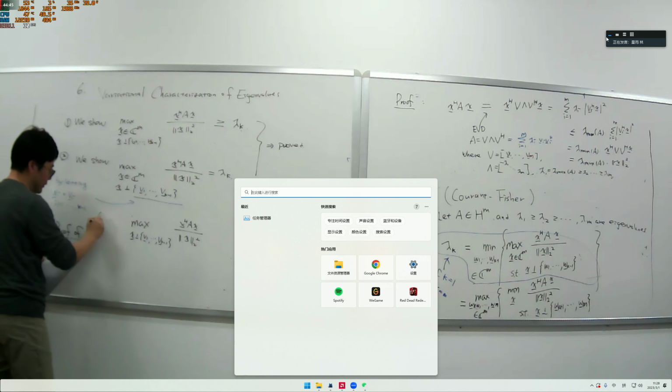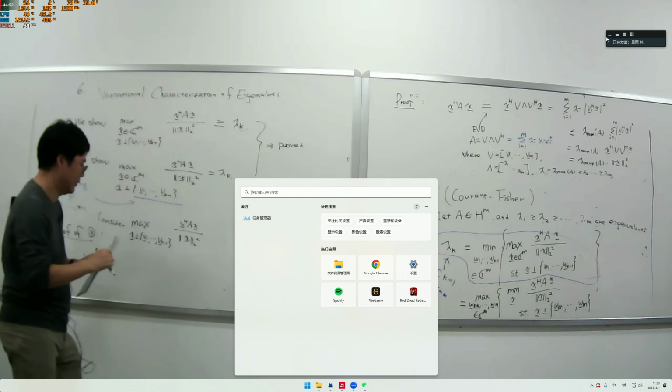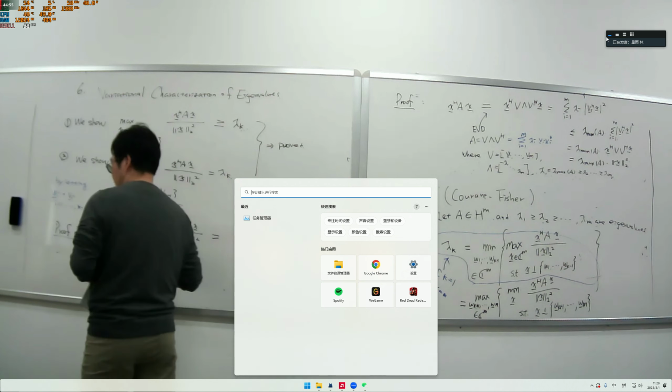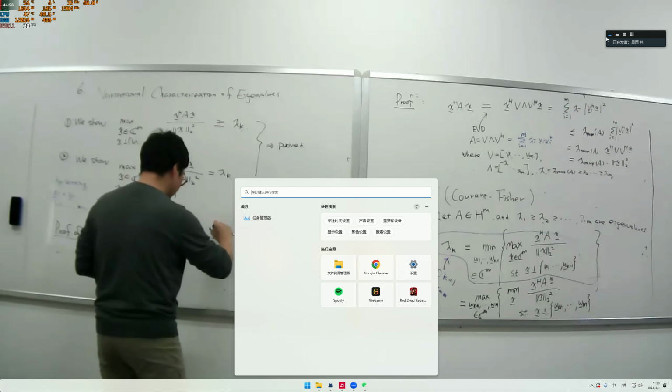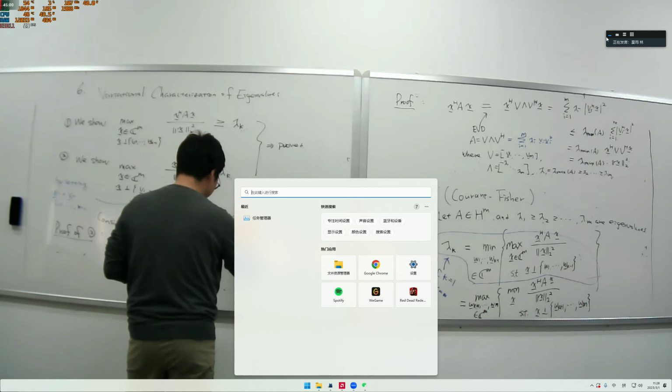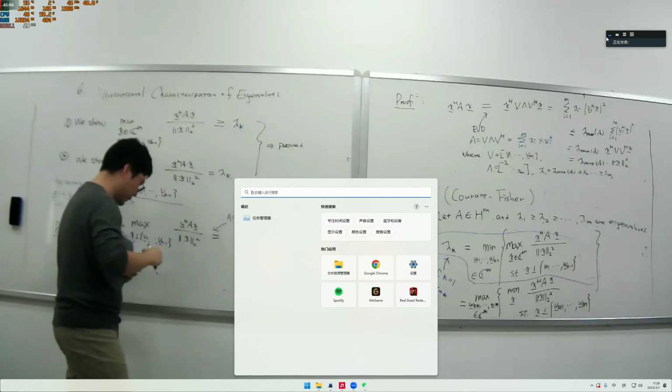We consider this. Then by applying the EVD of A, we can write A equal to the summation over i of lambda_i v_i v_i Hermitian.